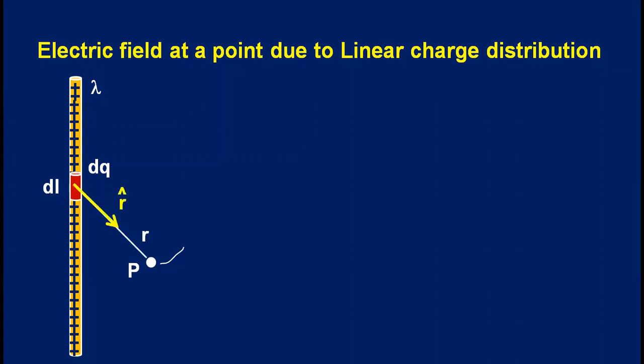And let r cap be the unit vector drawn from the charge element to the reference point. Here, the charge element is going to act as a point charge. Okay. Now, lambda is equal to dq by dl. From this, let me find what is dq just by cross multiplying. So this implies dq is equal to lambda times dl.